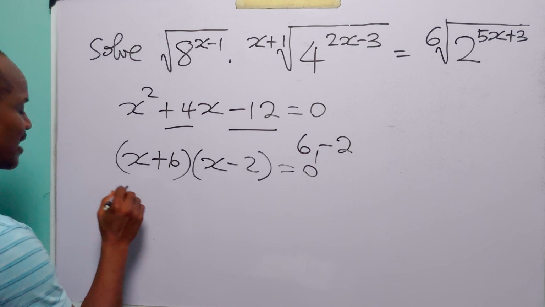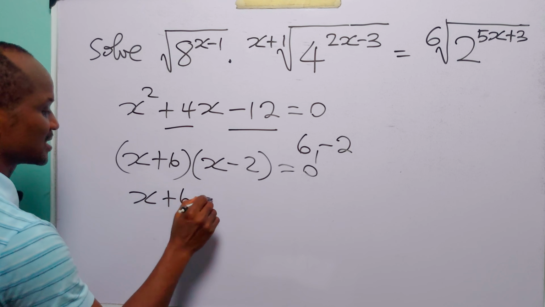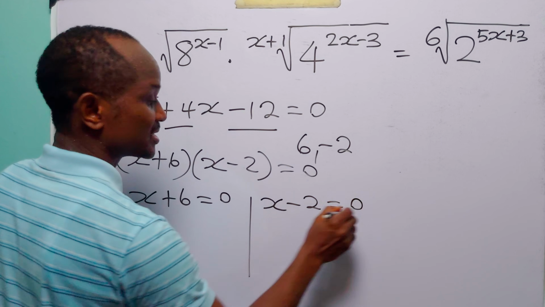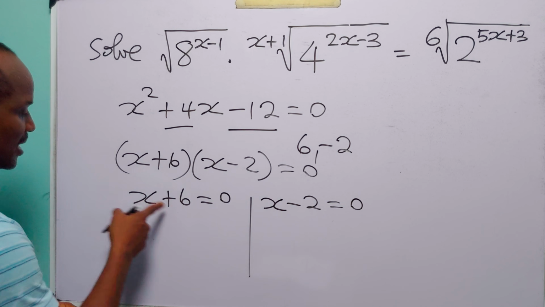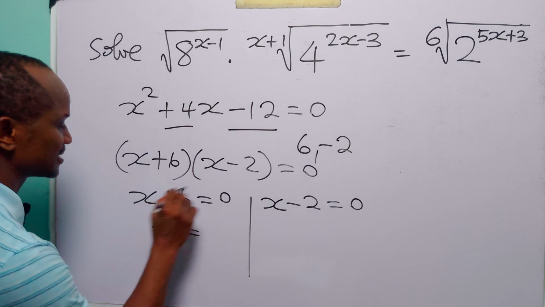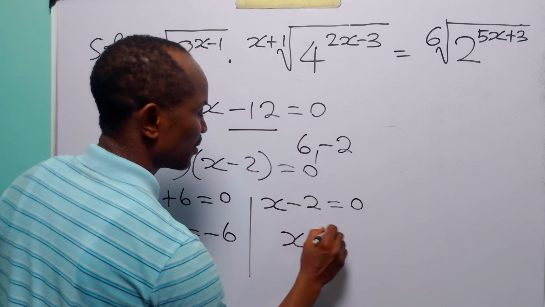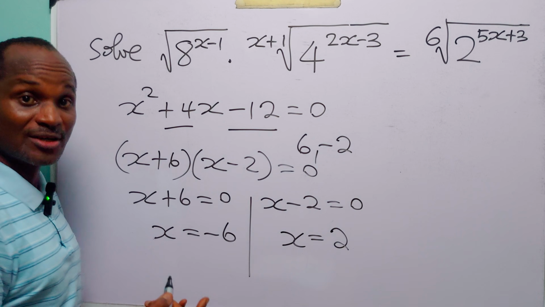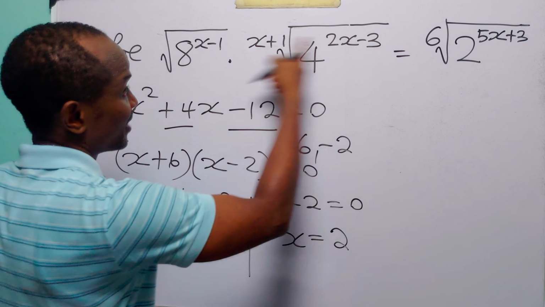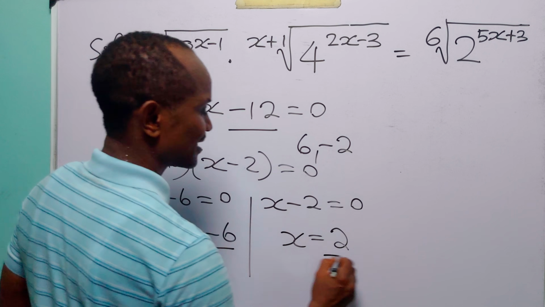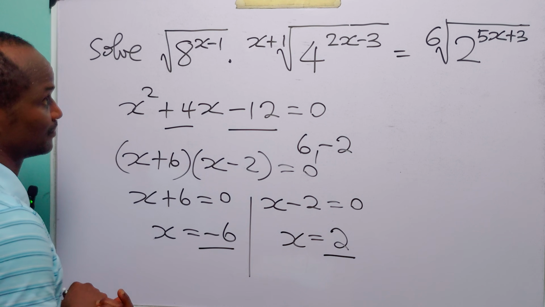And of course, from here we have that either x plus 6 is equal to 0 or x minus 2 is equal to 0. Now from here we have that x is equal to minus 6, and from here we have that x is equal to 2. So the two values of x that apparently satisfy this equation are x equal to minus 6 and x equal to plus 2.